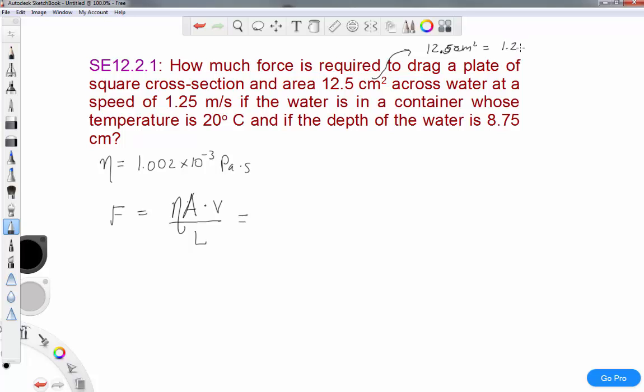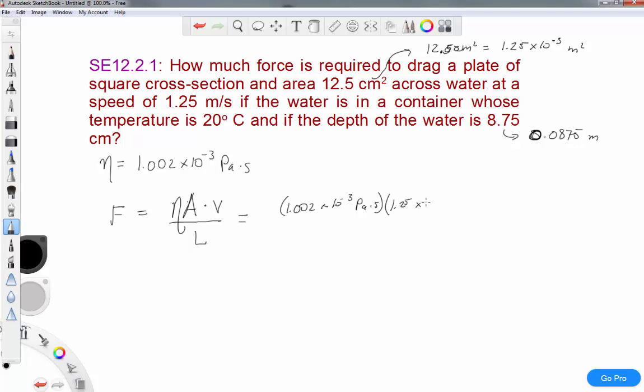So that's going to give us 1.25 times 10 to the minus 3 square meters. This one right here, this is our length. Also, we will want to have in meters, so 0.0875 meters.